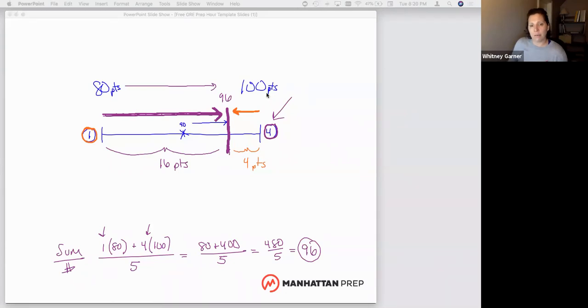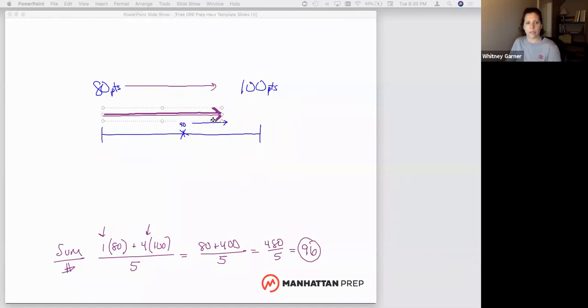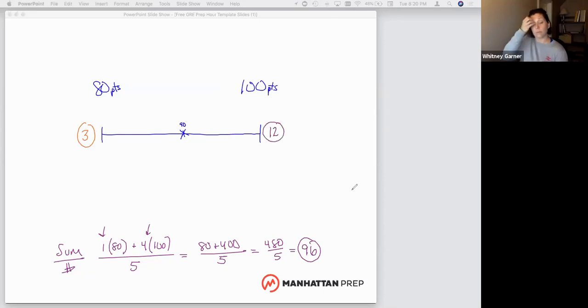Let's imagine then, I'm going to change these numbers. Let's go back to all this again. We'll clear them out of the way. So I'm going to say now that there are 3 people on this end and 12 people on this end.